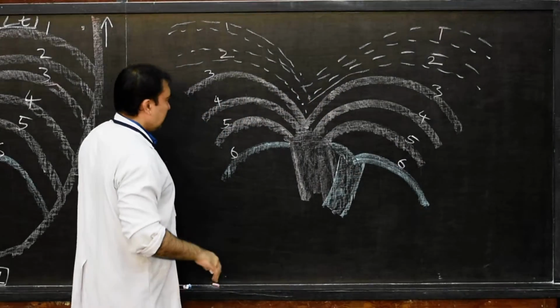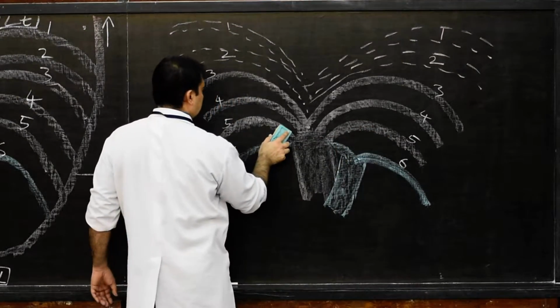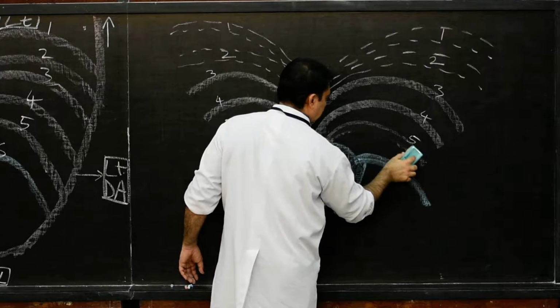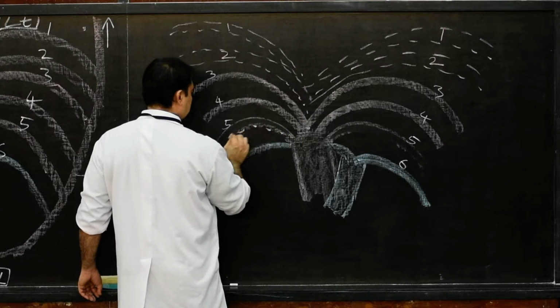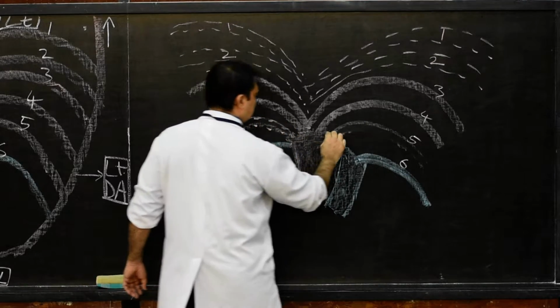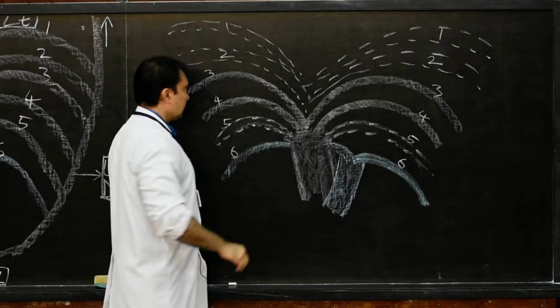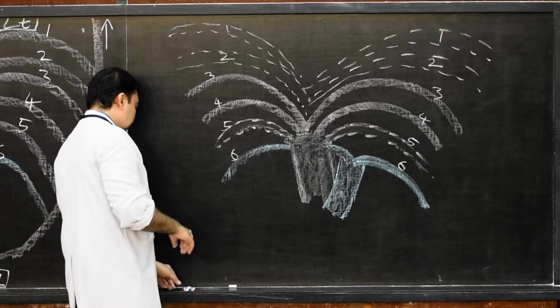Very simple. Then once again, the fifth arch we will draw in the form of dotted margin. So the fifth arch here we will draw in the form of dotted margin. And now the dorsal aorta.